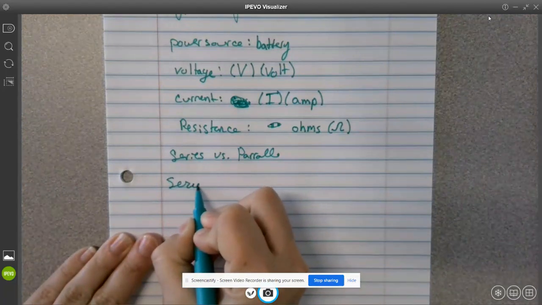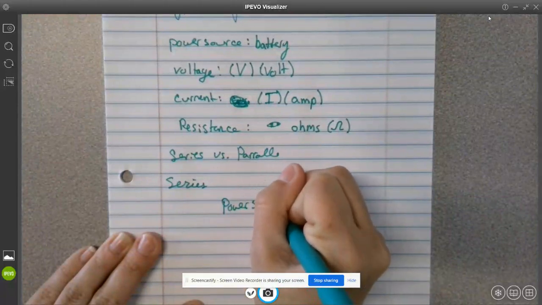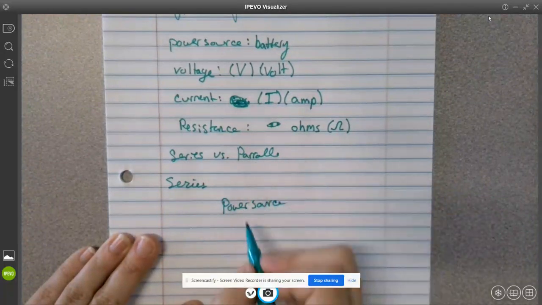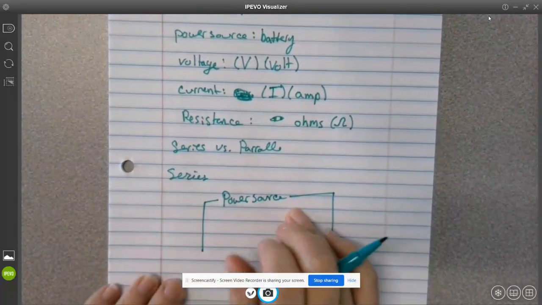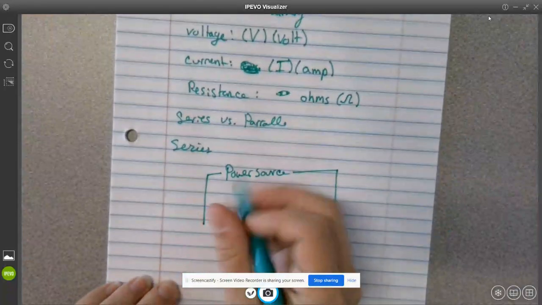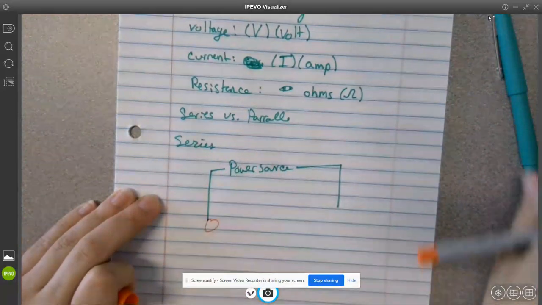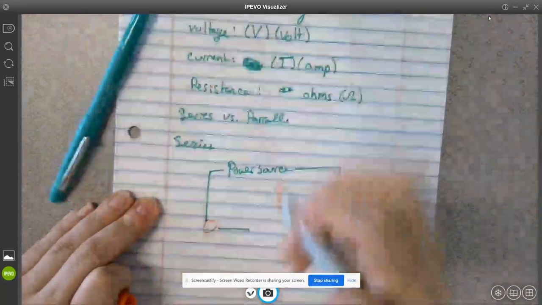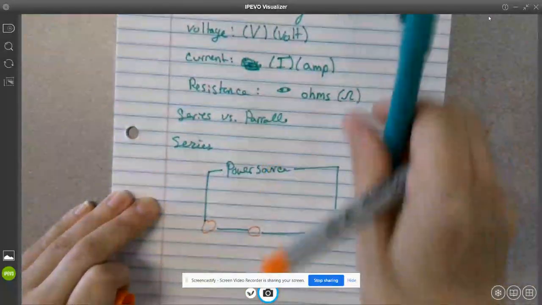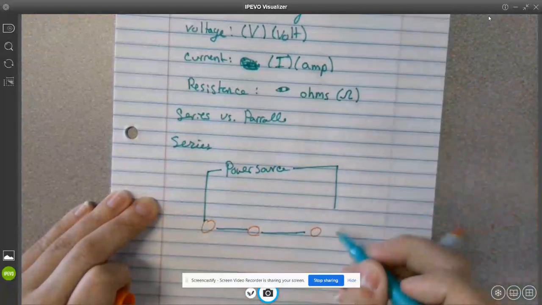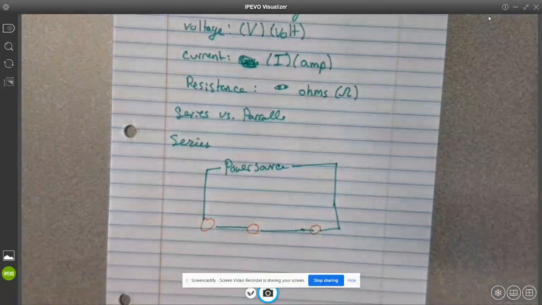A series circuit has your power source, like a battery, connected with your wire. And let's make our light bulbs orange. Okay, so this would be an example of a series.